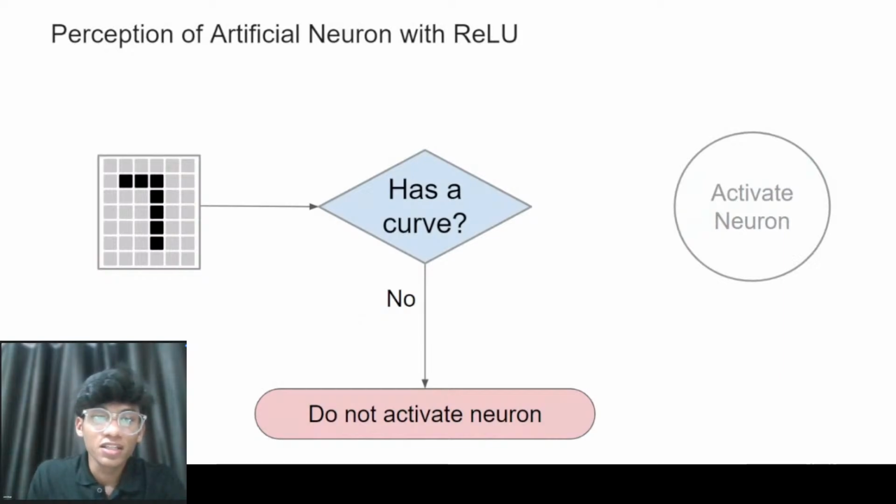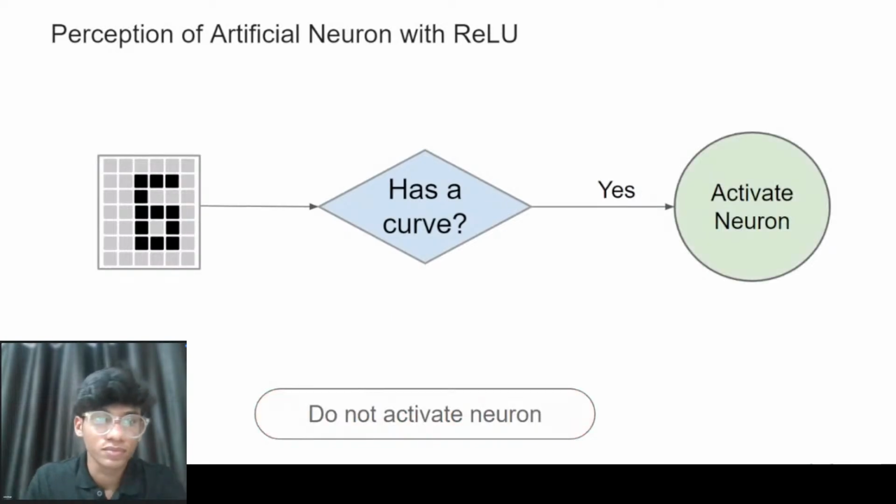In this case, our input is an image of the number 7, and our activation function knows how to check whether it has a curve or not. It does not have a curve, so it will not activate the neuron. The next input image is the number 6, so it will check whether it has curves or not, and in this case it has curves, so it will activate the neuron.